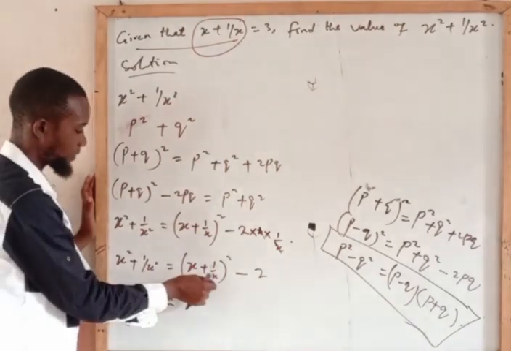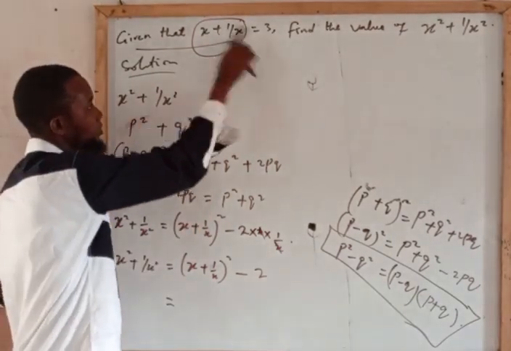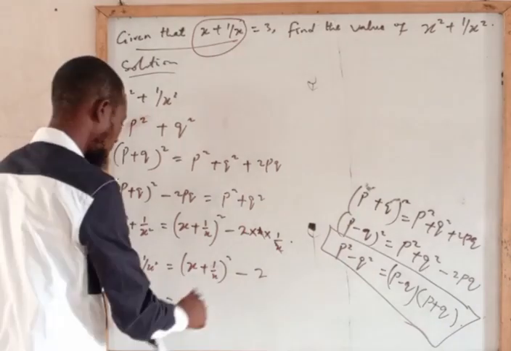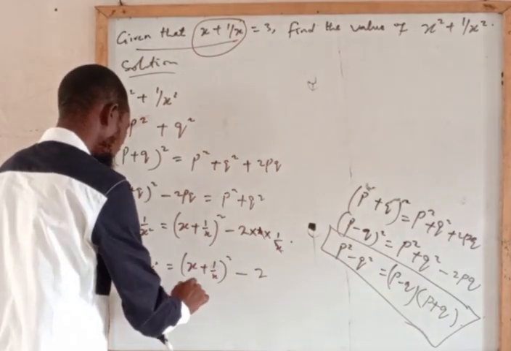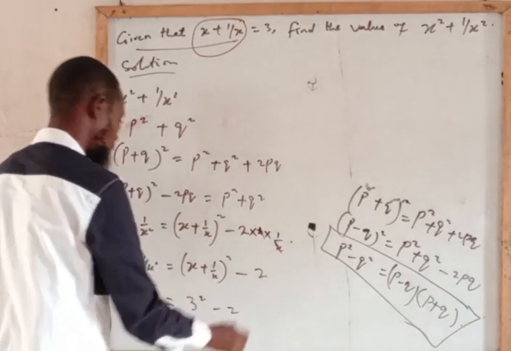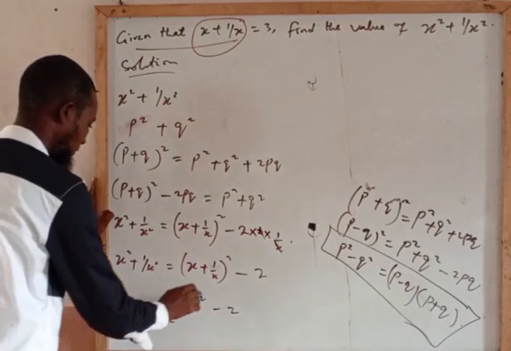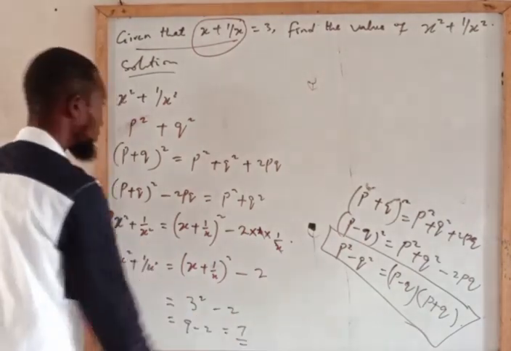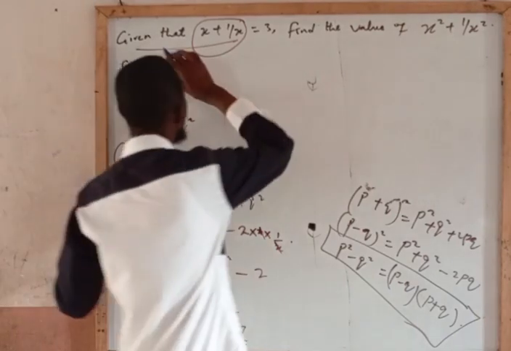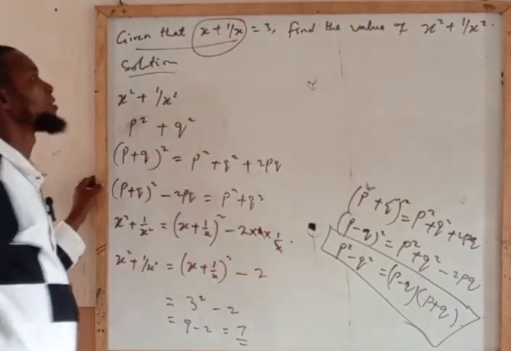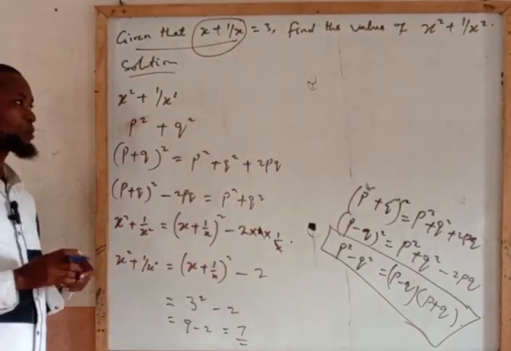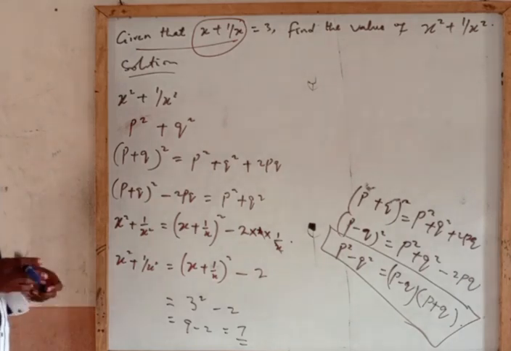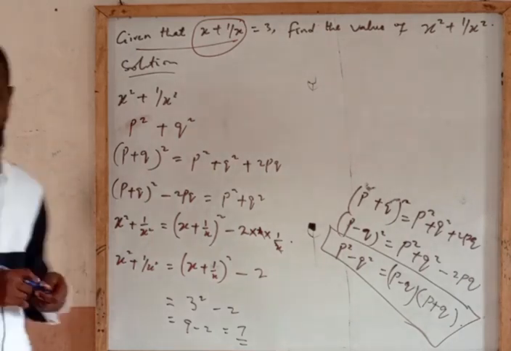So x plus 1 over x automatically becomes 3, so it means 3 raised to power 2 minus 2. That gives 3 times 3 is 9, minus 2, which has the value of 7. So given this, the value of x squared plus 1 over x squared is equal to 7.